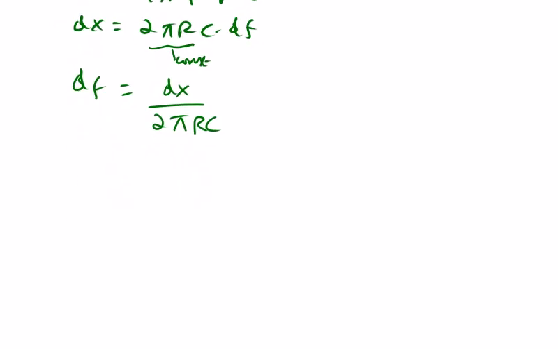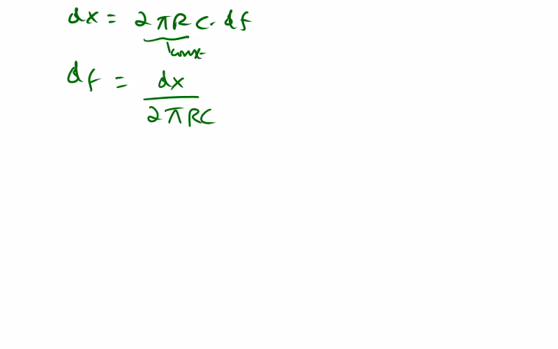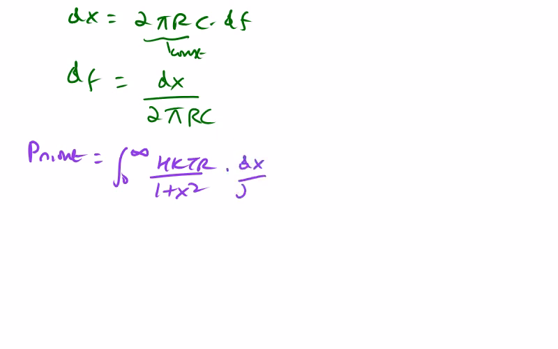Now what can I write for P_n out? P_n out is equal to the integration from 0 to infinity of 4kTR divided by 1 plus x square, into dx divided by 2 pi RC.